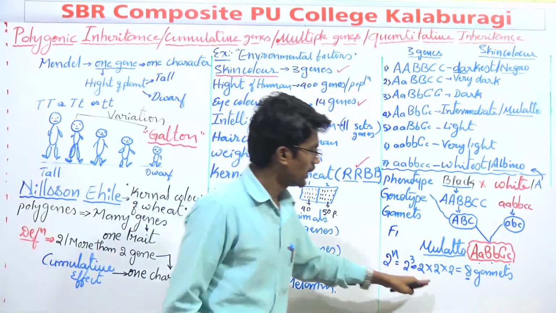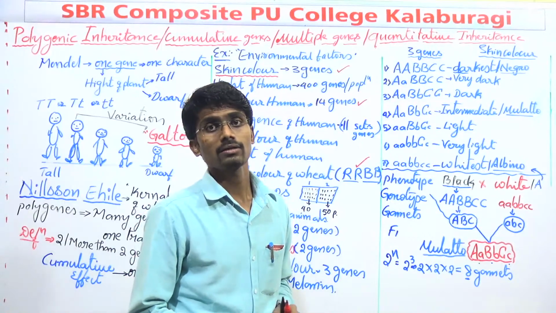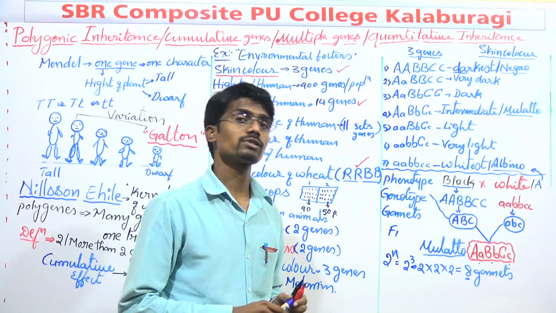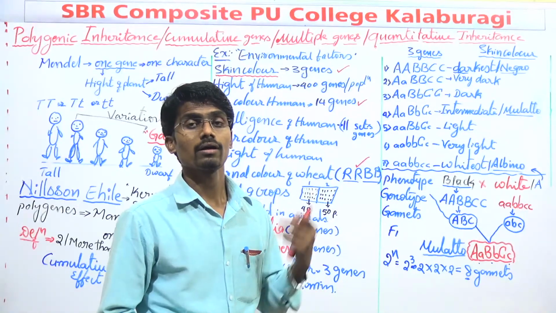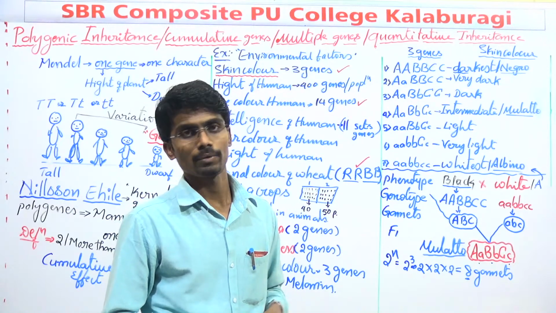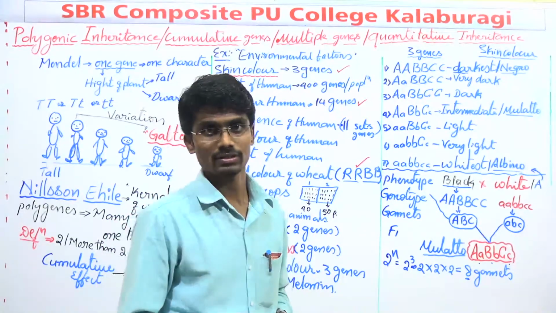When you cross 8 gametes in row and column, you will get 64 possibilities. Out of 64 possibilities, you must identify how many are our parental characters, how many are hybrids or recombinations. Based on that, they will ask questions in competitive examinations.